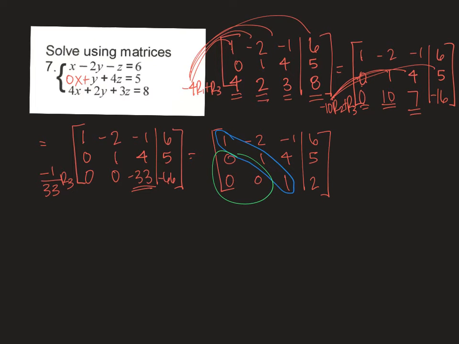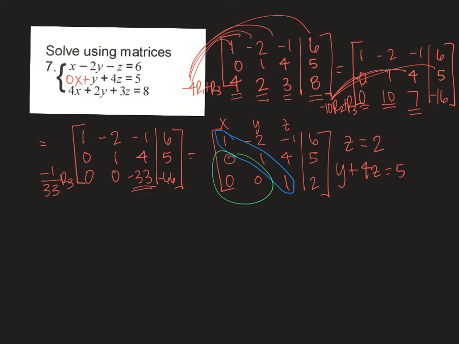So remember, it's the variables in order as they're written in our system. So x, y, and z. So I've got 0x plus 0y plus z equals 2. So I already know z equals 2. Now I know that 0x plus 1y plus 4z equals 5.